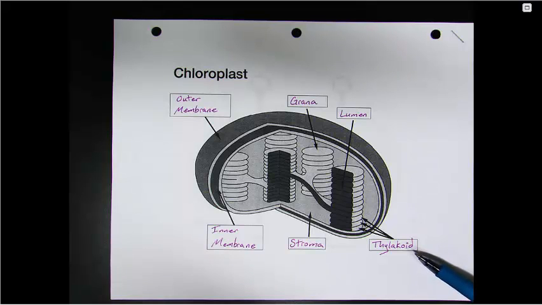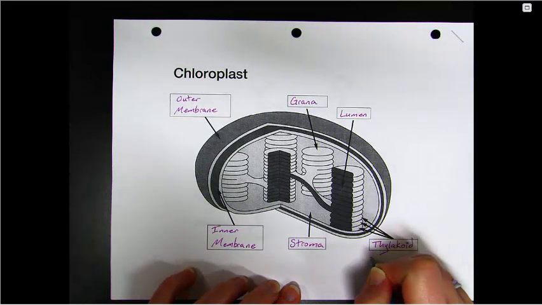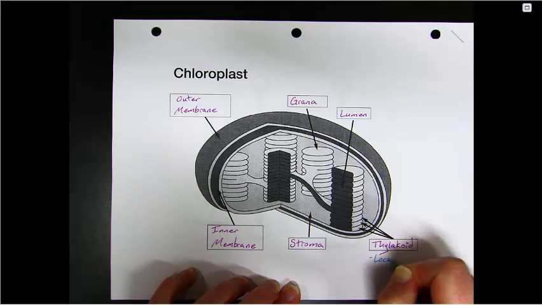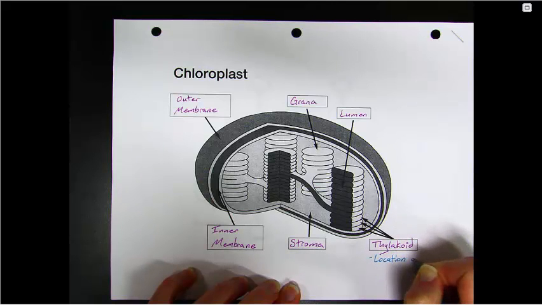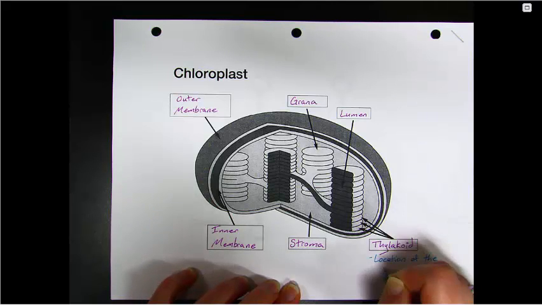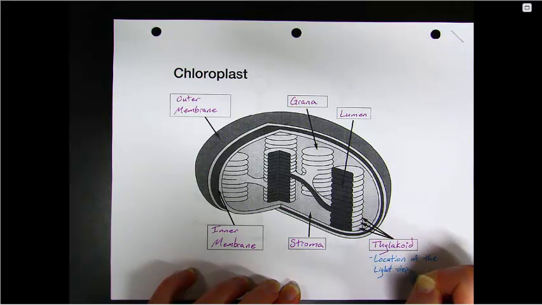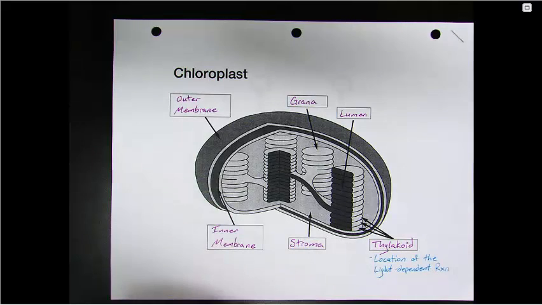So the thylakoid is the location of the light-dependent reactions, or the light reactions. And the stroma is the location of the light-independent reactions, which are also called the dark reactions or the Calvin cycle.